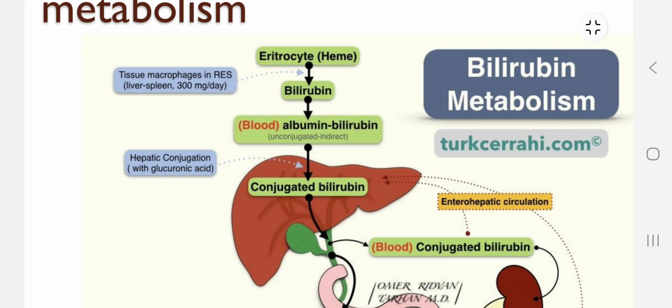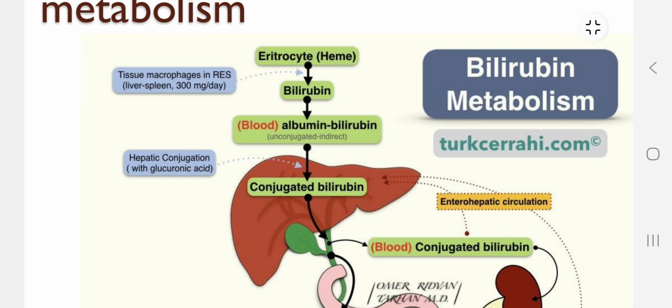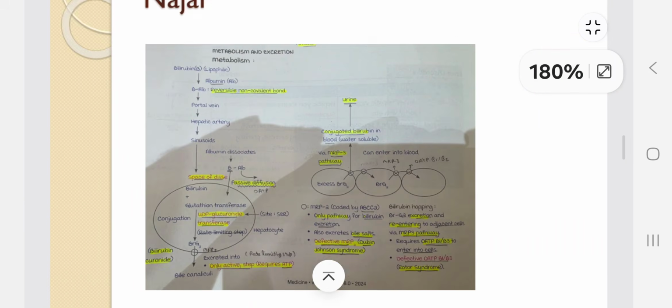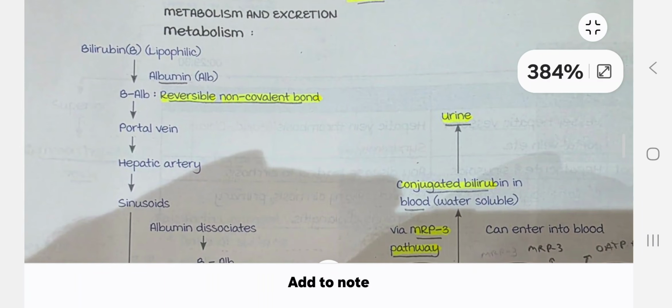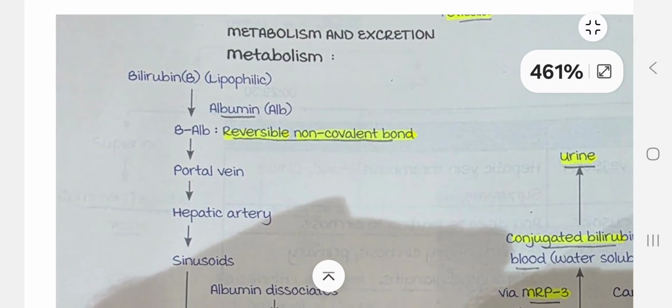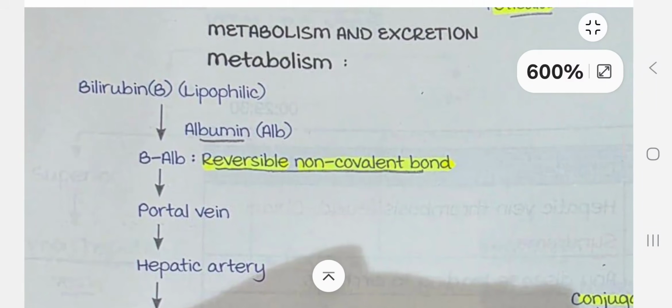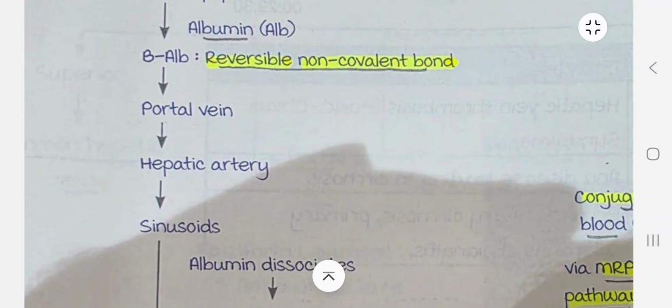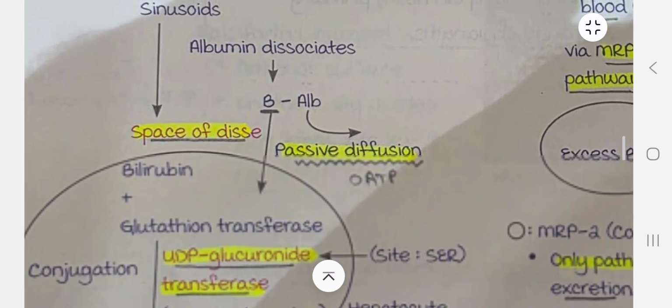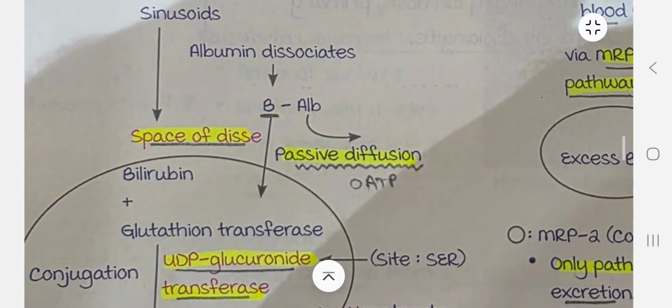Now I will move a few slides ahead to help you understand it properly. So here, as you can see, the bilirubin-albumin complex is reversible and non-covalent. It is taken up by the hepatocytes.